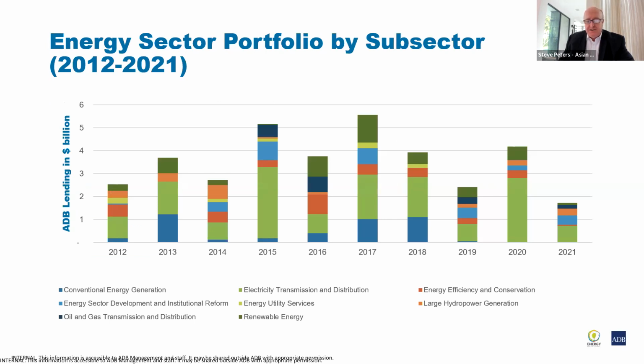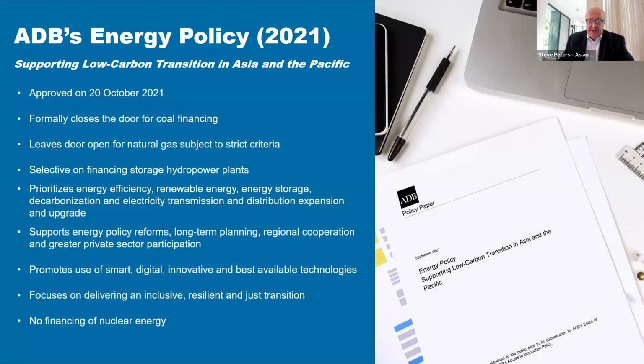So about 2/3 of ADB's lending is actually to governments, and so they are our major clients. So when they come to us with a concern or a problem, we will respond by developing a project which suits their needs.